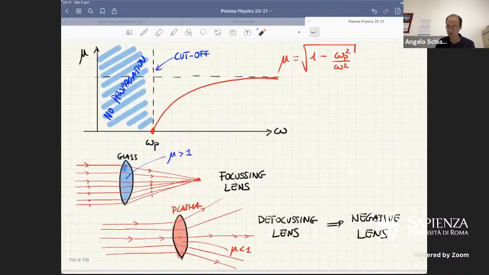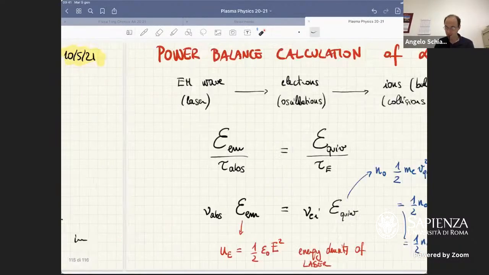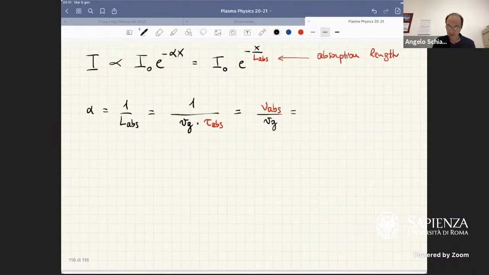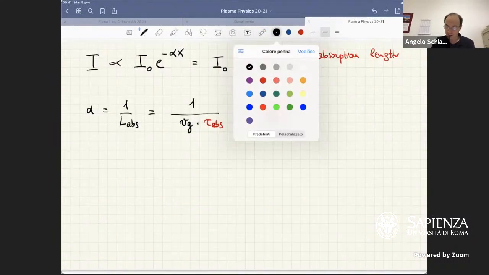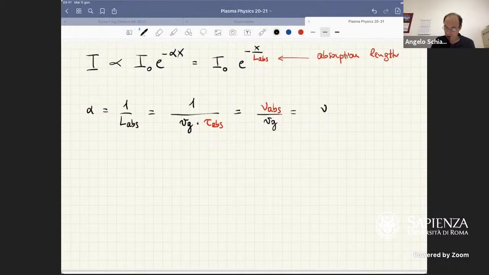So we can use this derivation and write our absorption frequency, nu abs, divided by c times the refractive index.